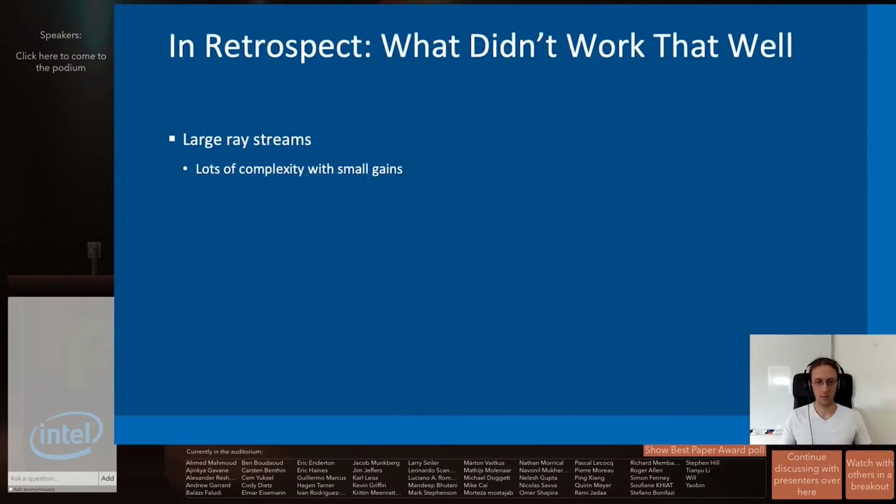Okay, maybe a little bit more interesting, what didn't work out that well? Well, first of all, large ray streams. There was a time where large ray streams were in vogue. We actually added them to Embree, but this added a lot of complexity, and the performance that we got out of this was, let's say, limited, and only applicable in certain usage scenarios.